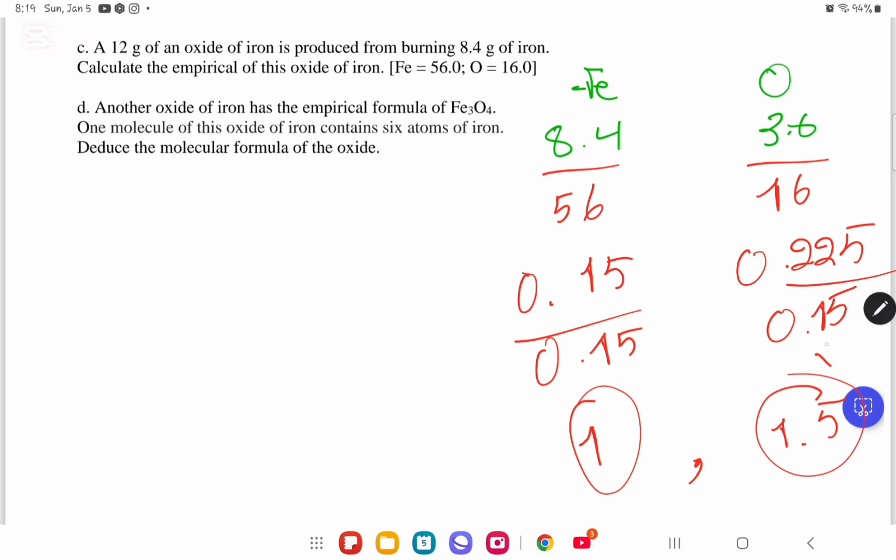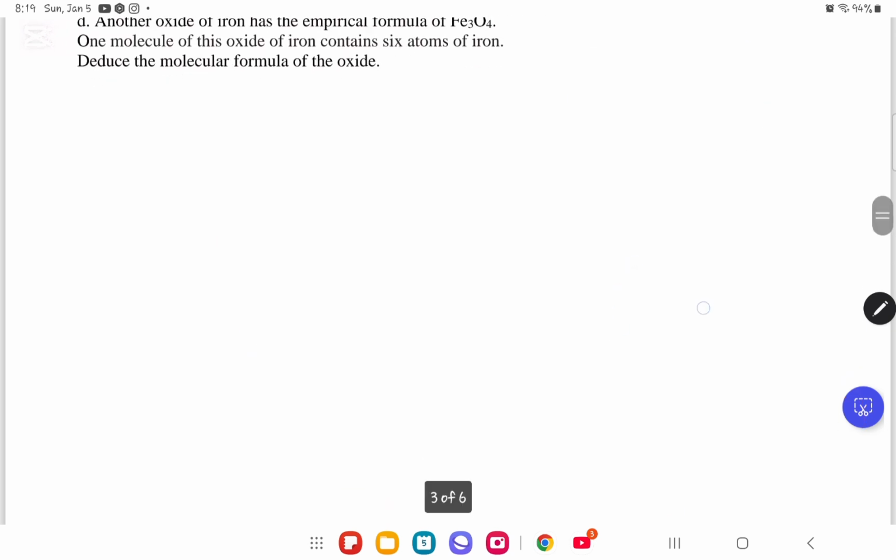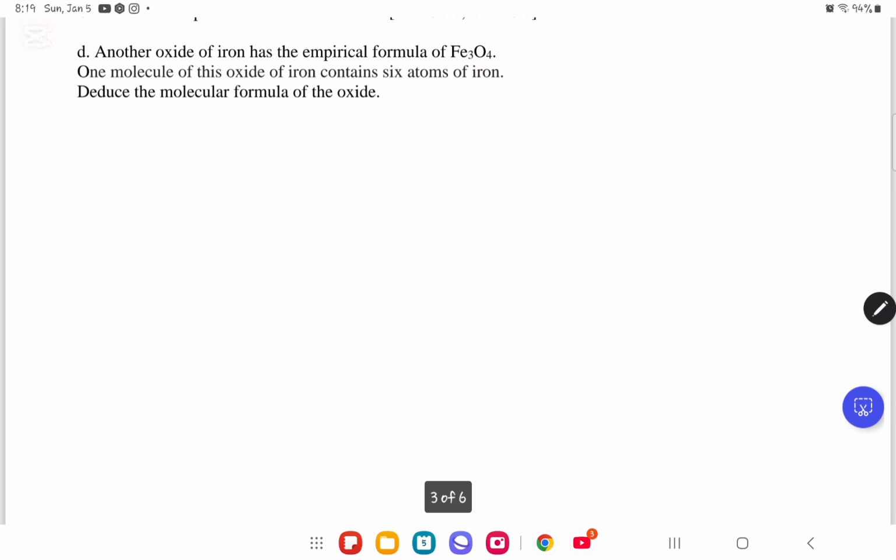So for it to make sense, we just need to multiply it by 2, so it becomes a whole number. So this becomes 2 and this becomes 3. So the empirical formula of this oxide is for Fe, it is 2, whereas for oxygen, it is 3, so Fe2O3.